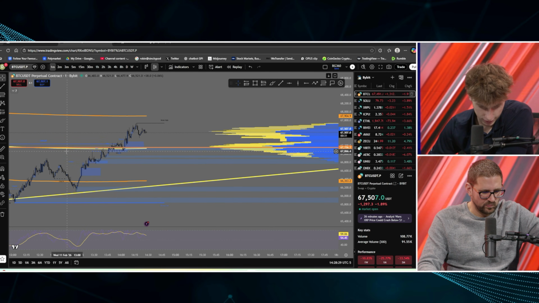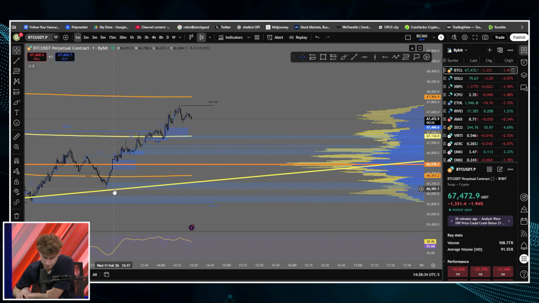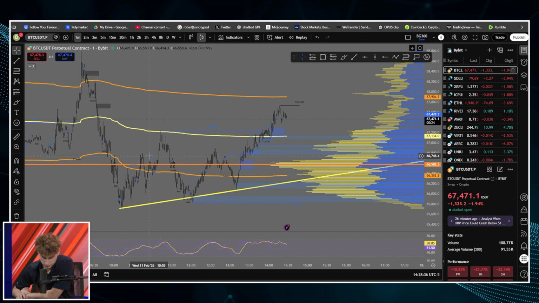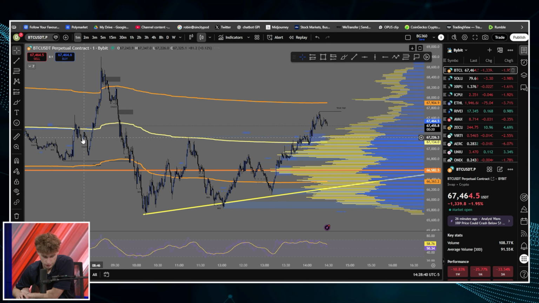But yeah, I think that you're right. I think that we could see a bounce off of that VWAP middle band. But I also think that we've disrespected that VWAP middle band. The last time that we crossed through it, after we went back up to the top, we crossed right back down through it.